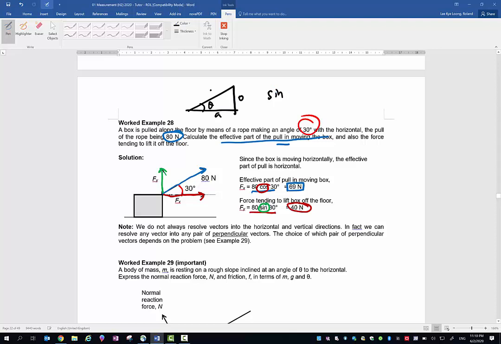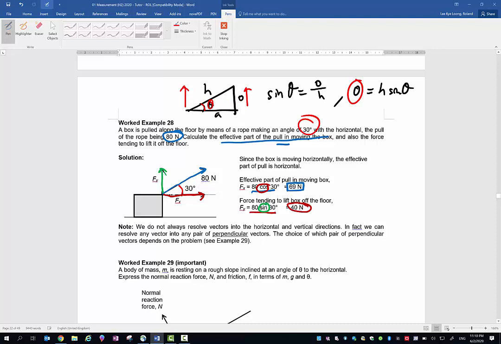Opposite, adjacent, hypotenuse. So sine theta will be opposite over hypotenuse. So the opposite will then be equal to hypotenuse times sine theta. As you can see, the opposite is the vertical component. So the vertical component is the component that's away from the theta.